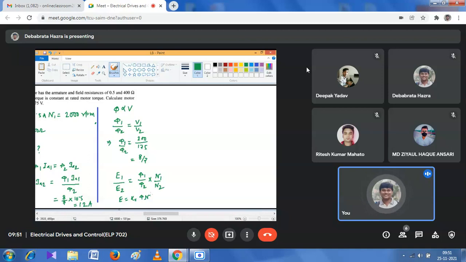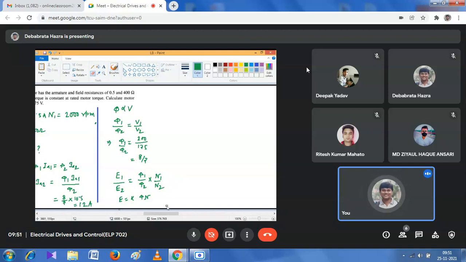So at that time we can write E is equal to ke phi into omega. But the main equation is E is equal to k.